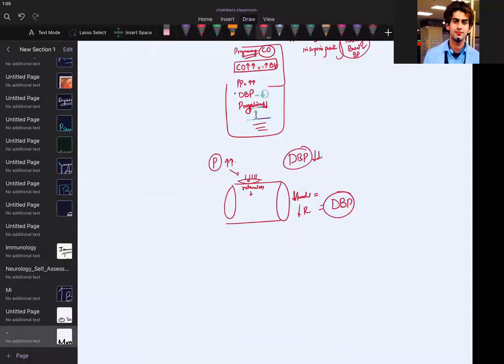To start that, we have various mechanisms to regulate the BP. If you want to regulate arterial blood pressure, we have various mechanisms for that. We have a short-term regulation, we have a long-term regulation.